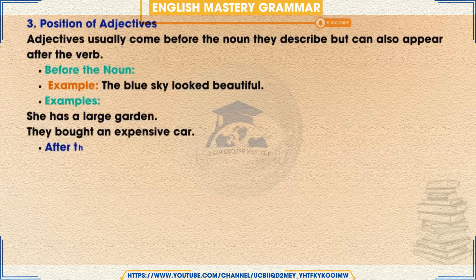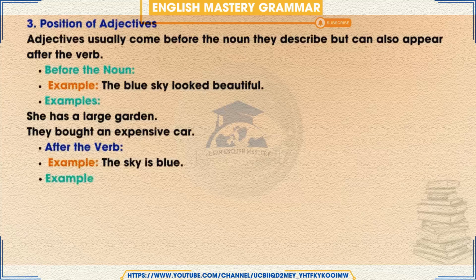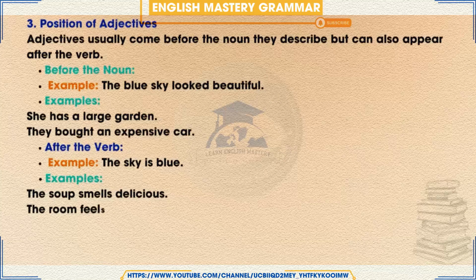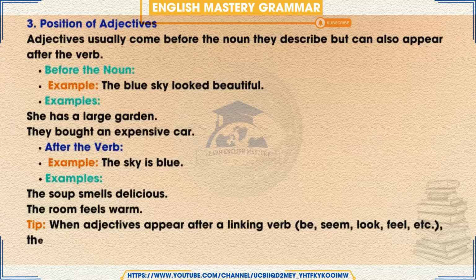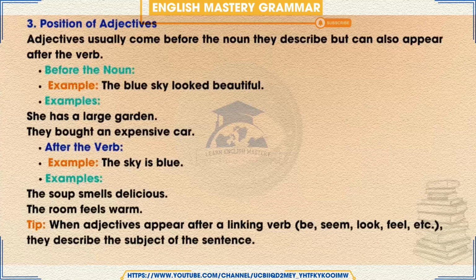After the verb. Example: The sky is blue. Examples: The soup smells delicious. The room feels warm. Tip: when adjectives appear after a linking verb, be, seem, look, feel, etc., they describe the subject of the sentence.